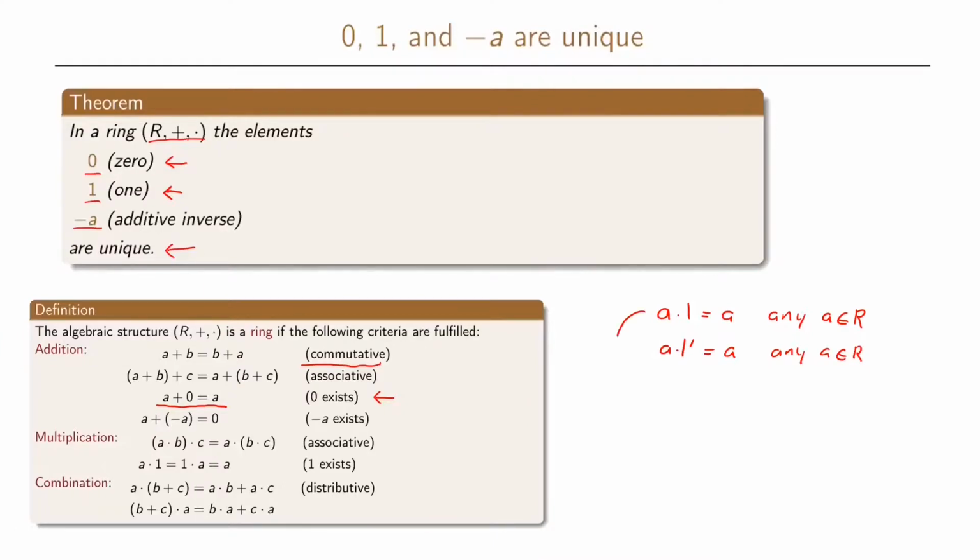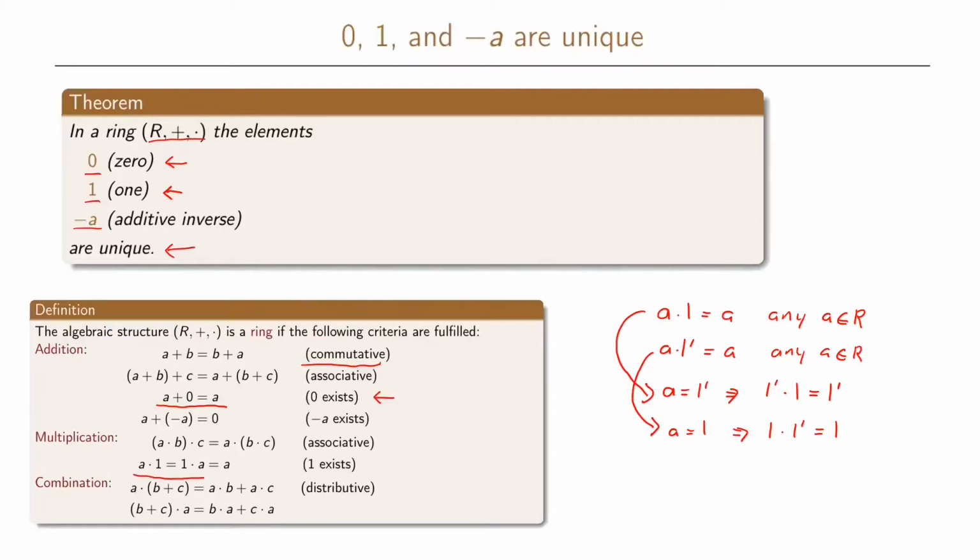Now for the first expression, we say that a equals 1 prime, which means that 1 prime times 1 equals 1 prime. And for the second expression, we say that a equals 1. So then 1 times 1 prime equals 1.